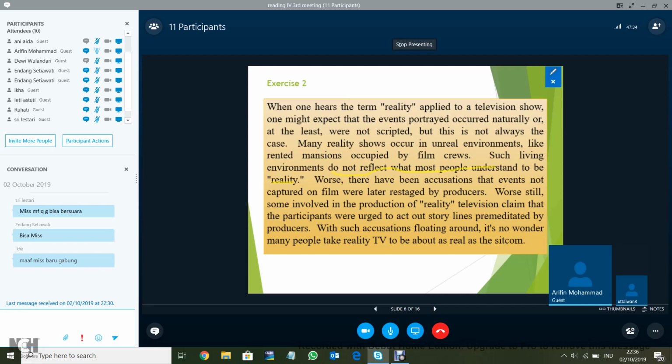Ayo coba pasti bisa, coba dulu. Kalau misalnya buat kalimat sendiri. Nah, ini loh, kalimatnya kan such living environment do not reflect what most people understand to be reality. Reality ini salah satu kalimat yang bisa menunjukkan ide pokoknya. Nah, kalau Mas Arifin menggunakan kalimat sendiri, kira-kira Mas Arifin mau ngomong apa? Dengan pakai bahasa Inggris. Tadi udah bener loh, cuman I ask you to make your own sentence. Yang saya minta itu pakai kalimat sendiri.